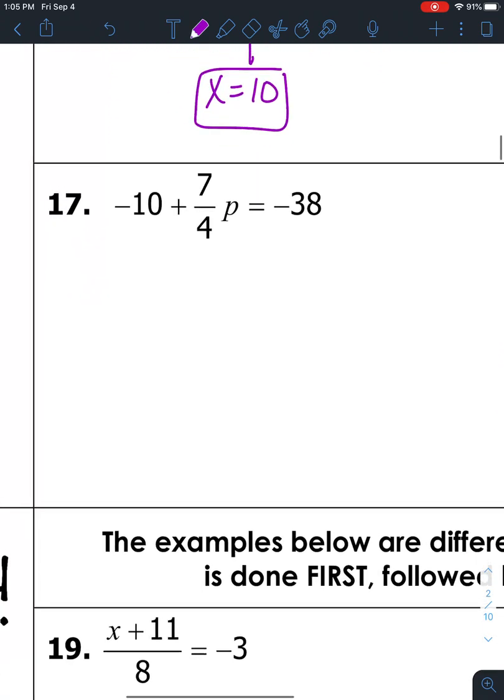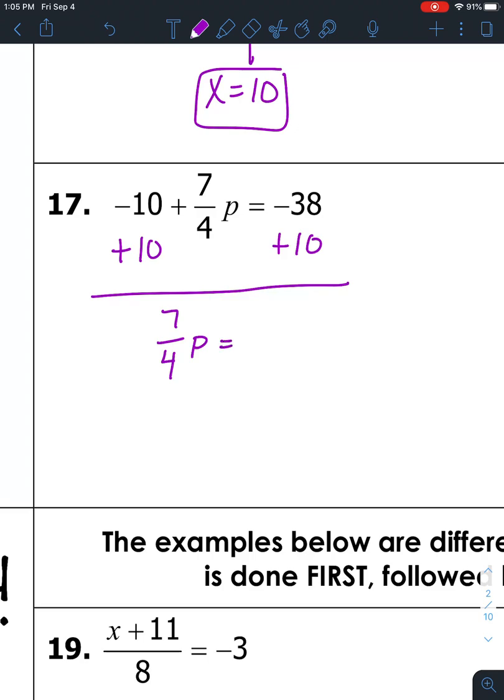Let's try 17. Okay. So again, it's minus 10, so I have to add 10 to both sides. So that leaves me with 7/4p equals -38 plus 10 is going to be -28.